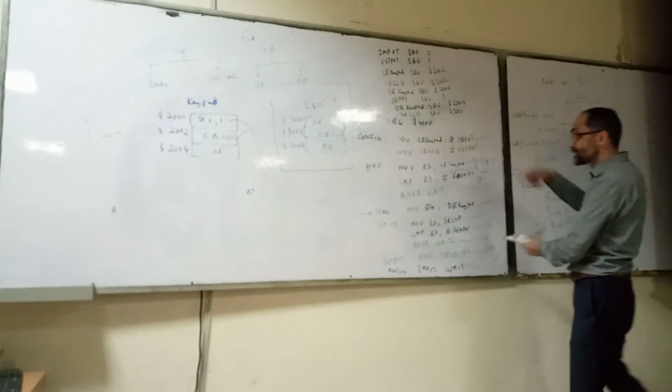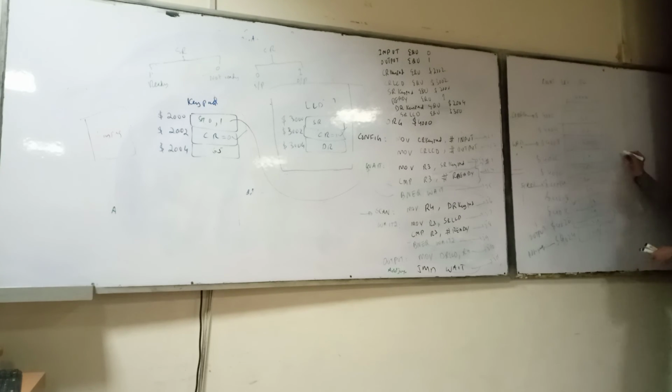So the difference is $4024 minus $4008. This is the offset field of the instruction. This jump instruction has two fields: one is the opcode, another is the offset.